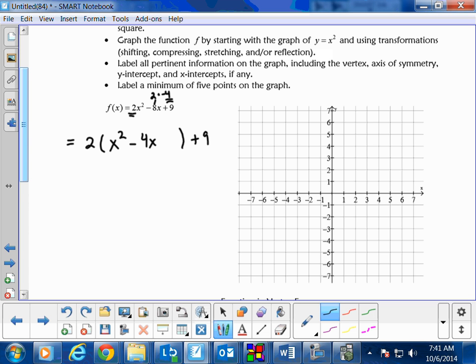And the magic number will also be the number that's going to be used down over here as far as the value that goes in here. Because eventually I'm going to end up with this and something adding over here. So I'm going to have something new here and here. Now the magic number is found by taking your new b, which is this b here, negative 4, divided by 2 and squaring it.